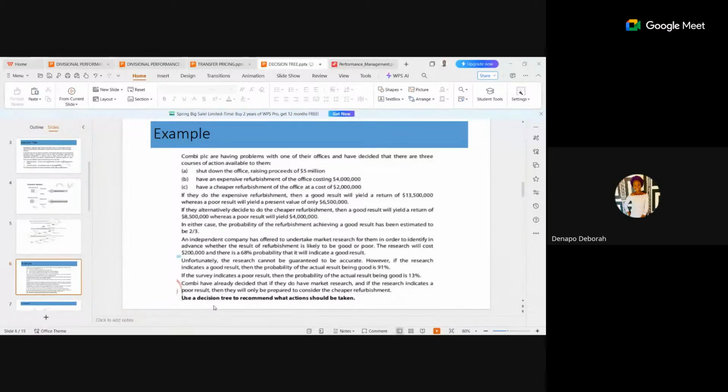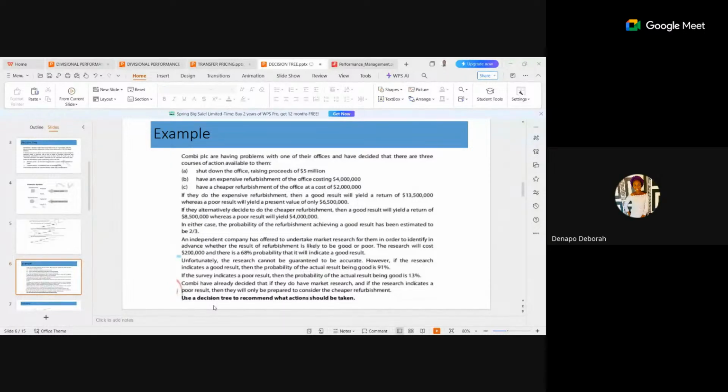Unfortunately, the research cannot be guaranteed to be accurate. However, if the research indicates a good result, then the probability of the actual result being good is 91%. If the survey indicates a poor result, then the probability of the actual result being good is 13%.